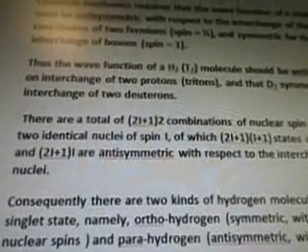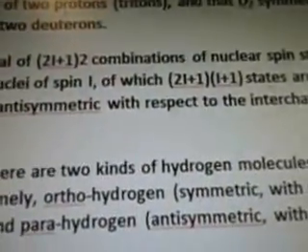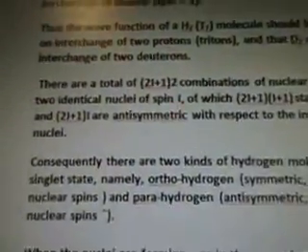There are a total of 2I+1 squared combinations of nuclear spin states for two identical nuclei of spin I, which I'm not sure is I or L, okay? States are symmetric, and the others are antisymmetric with respect to the interchange of nuclei.